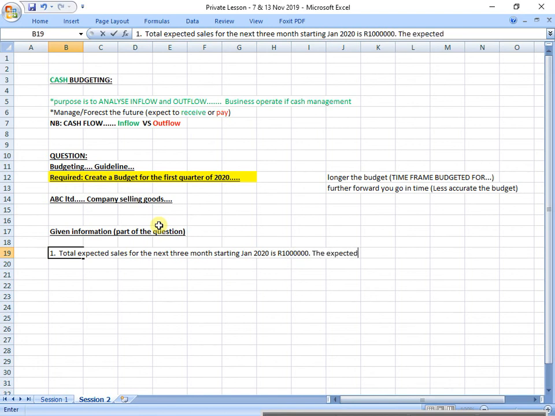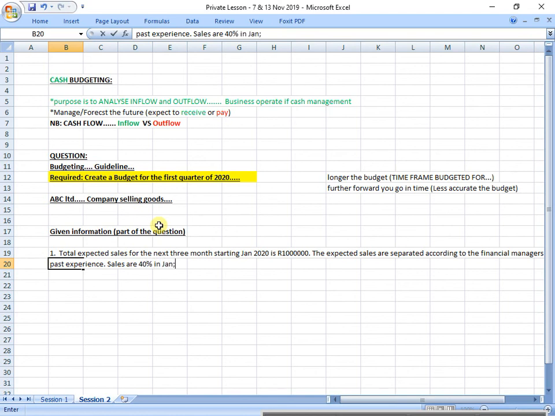The expected sales are separated according to the financial manager's past experience. Sales are 40% in Jan, 30% in Feb, and 30% in March.